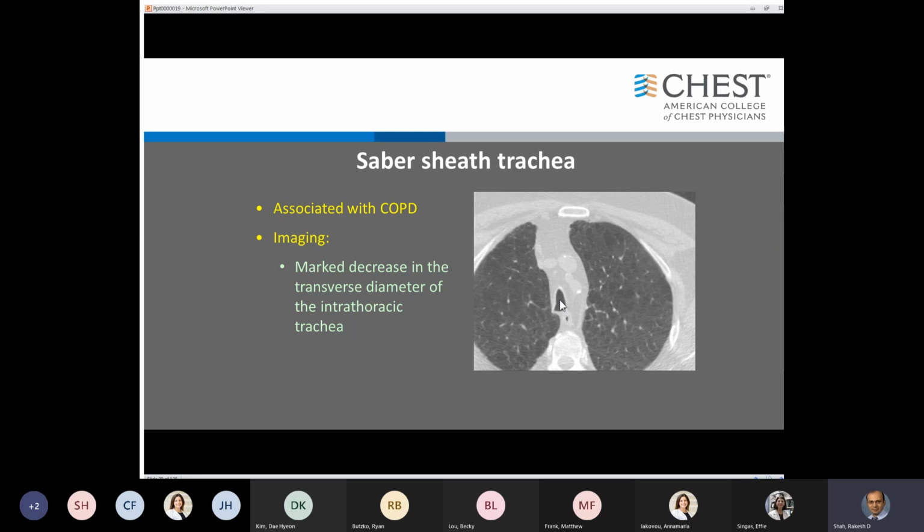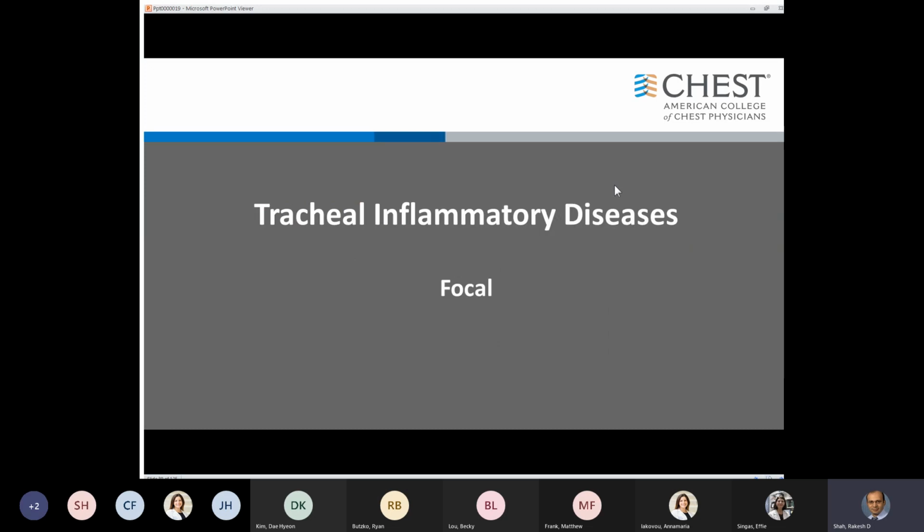So saber sheath trachea is when the anterior posterior length increases and the transverse diameter of the trachea decreases. So when we see this, it just tells us that this patient has probably obstructive lung disease. And that's about it. Not much to say about it.